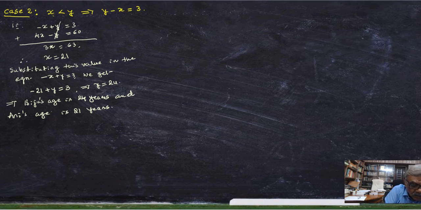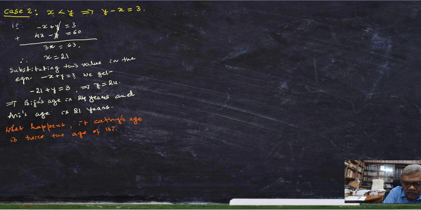Now the question is, what happens if Kathy's age is twice the age of Biju, that is, Kathy's age is equal to twice y.